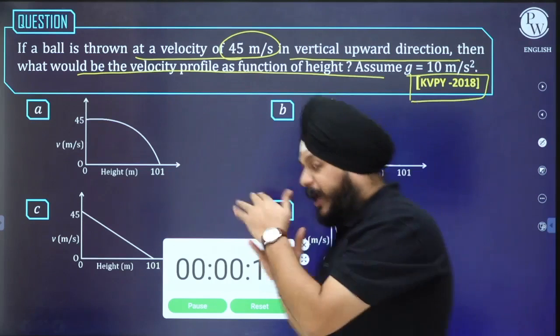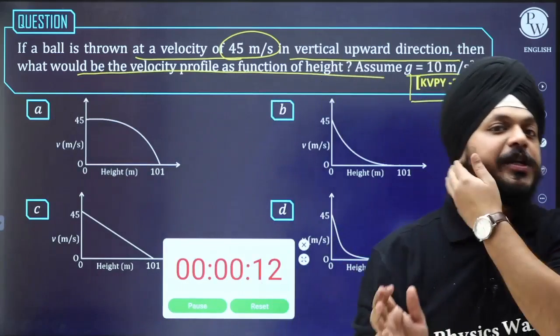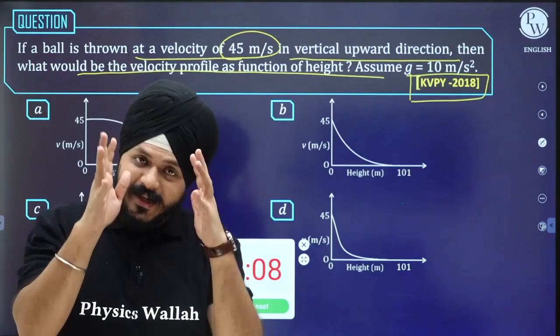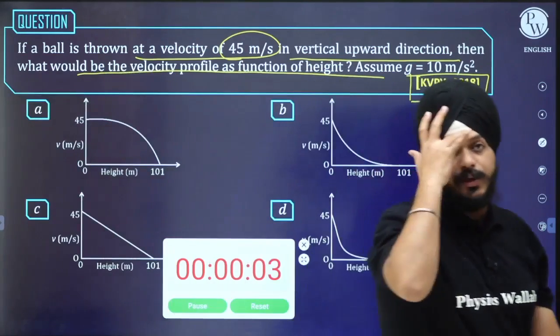Less than half the time is remaining. Come on, everyone, it's a very simple question. You have to apply one simple formula for motion under gravity, but with one fundamental logic, and that is really going to amaze you.